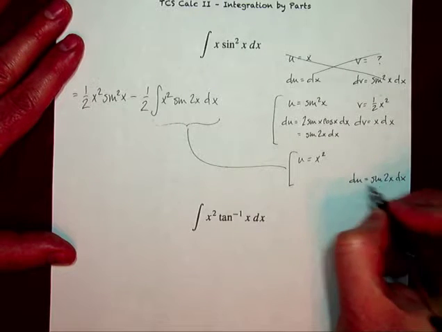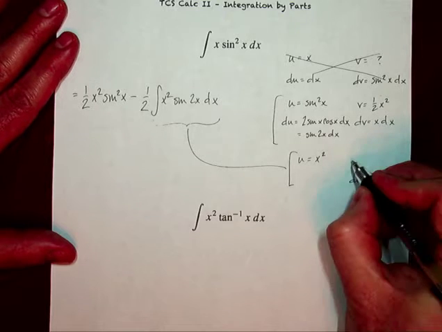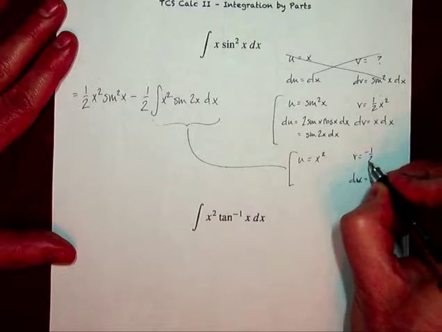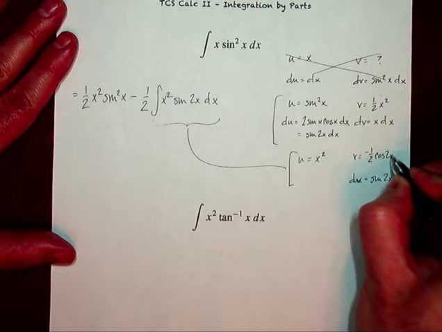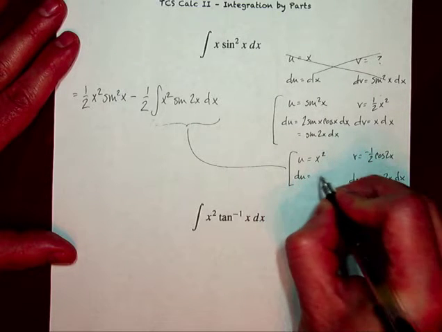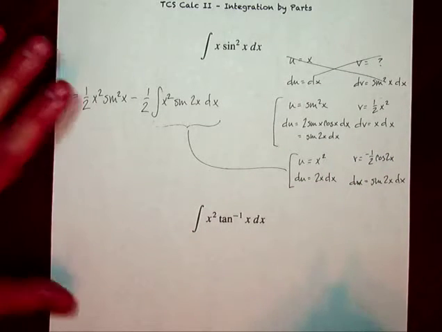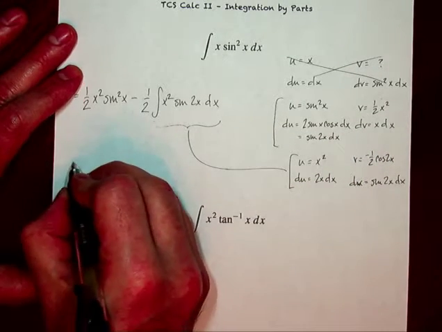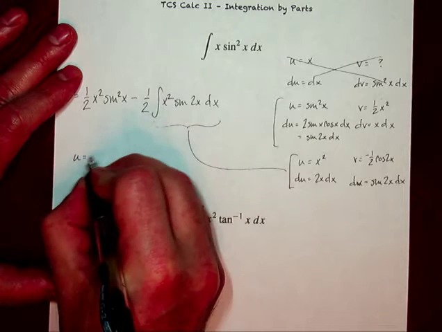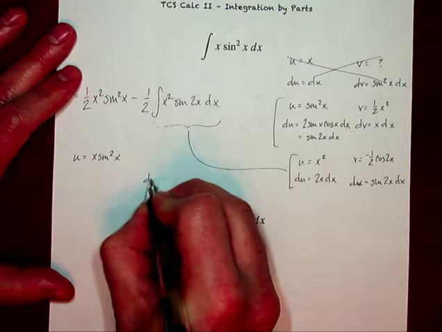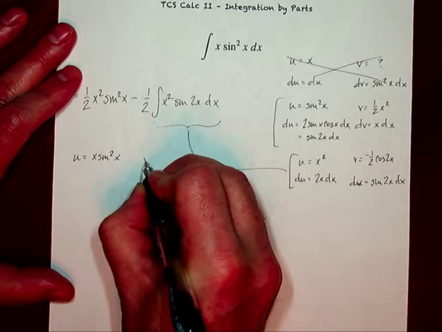And when you anti-differentiate from here, v becomes negative 1/2 cosine of 2x, and du becomes 2x dx. You could even alternatively designate u as x sine squared x, and then dv just as dx.